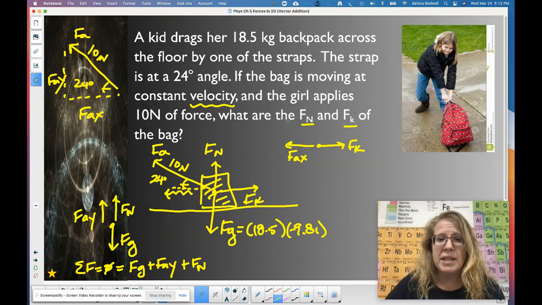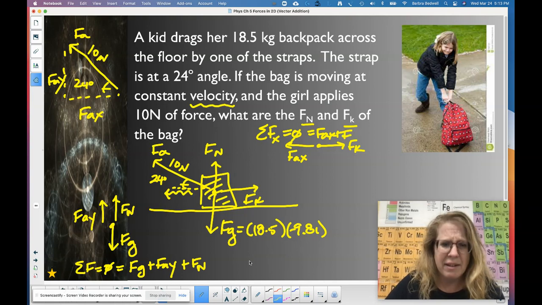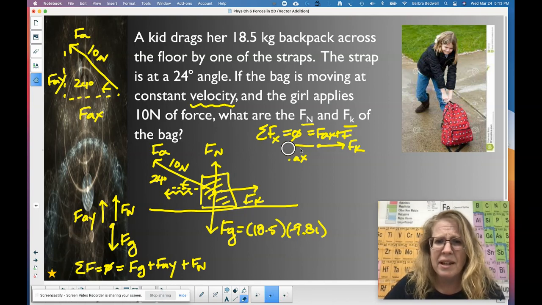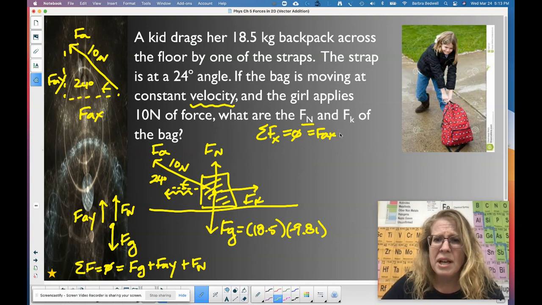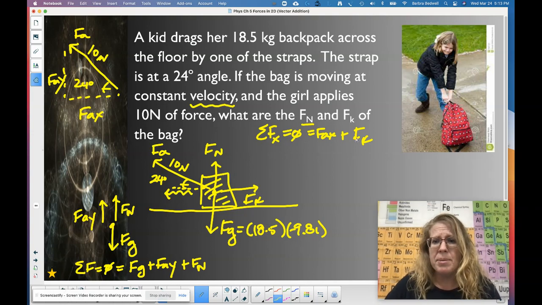Just like here, we would say our net forces in the x direction equals 0. So FAX and FK add up to 0. Sorry, I know it looks a little ugly because I have too many things written on my page at the same time. My apologies. So FAX and FK, our friction force, have to be equal and opposite to one another.